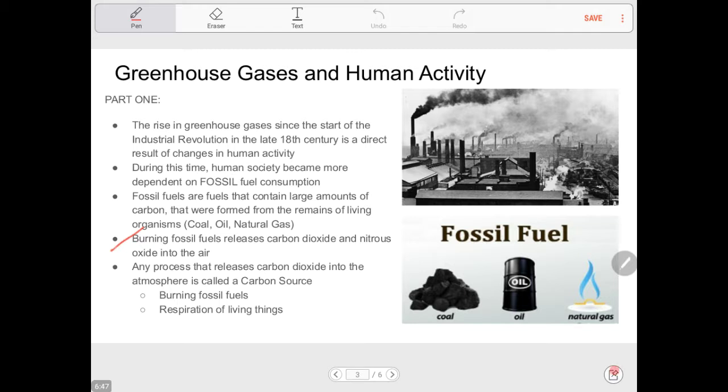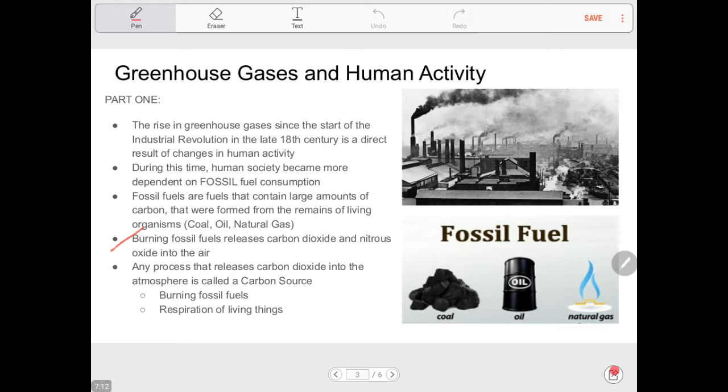It's great. But the problem is when you burn fossil fuels, you release huge amounts of carbon dioxide and nitrous oxide into the air. So this is a huge change. I want you to be aware of that. Industrial Revolution means we burn more fossil fuels, which means we put more carbon dioxide and nitrous oxide into the air. Those are greenhouse gases.